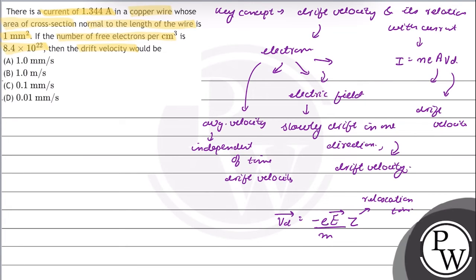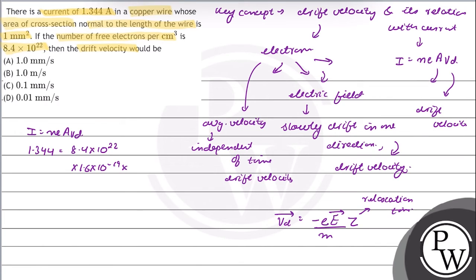So substituting each in the equation I equals n e A v_d, I have 1.344. n is given as 8.4 into 10 raised to the power 22. The value of e is 1.6 into 10 raised to the power minus 19 coulomb.